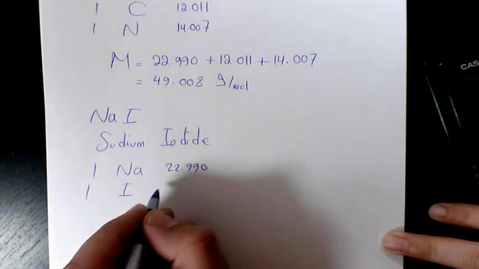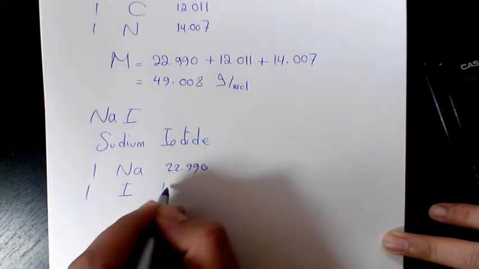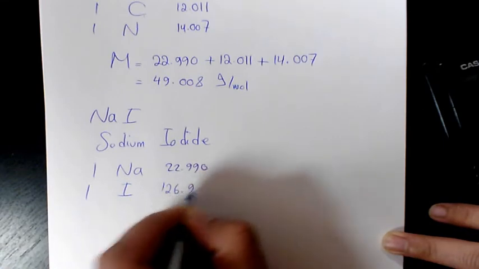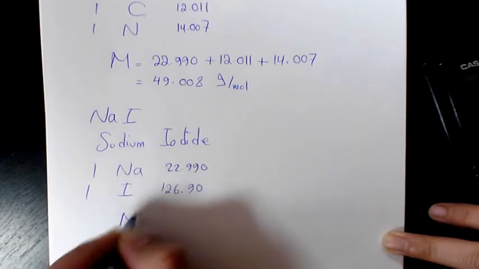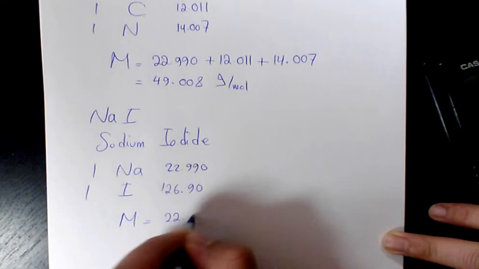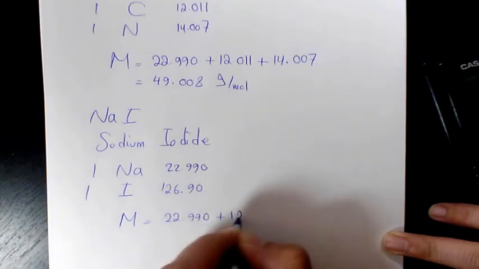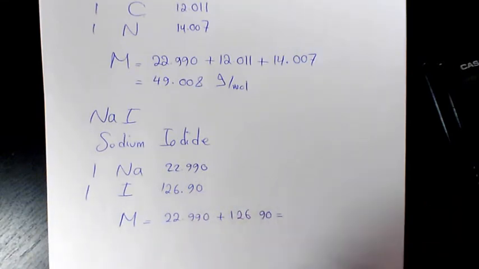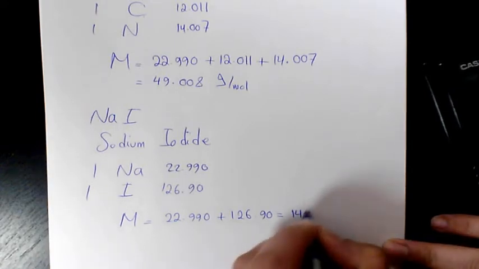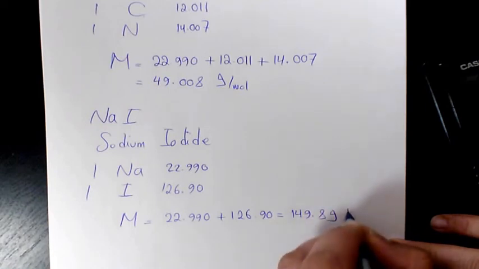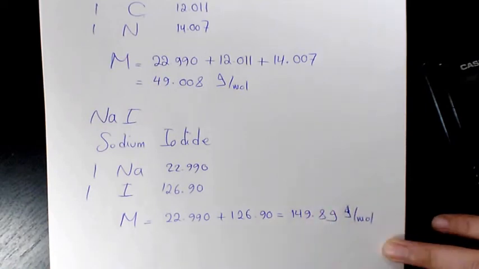Iodine is 126.90. So molar mass is 22.990 plus 126.90. It's going to be 149.89 grams per mole.